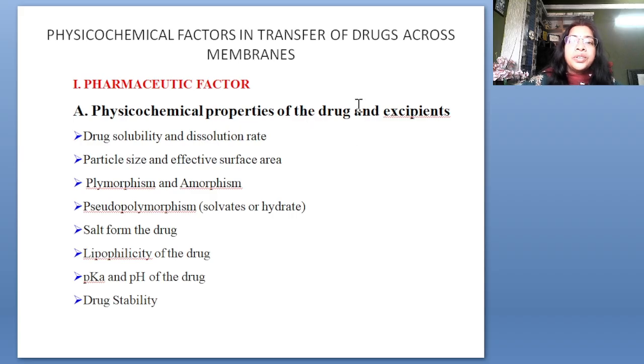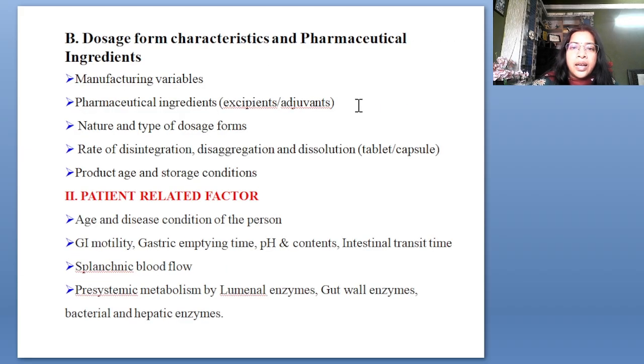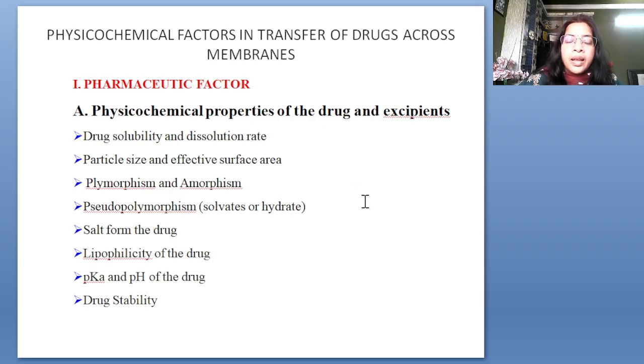Now we will study the different physicochemical factors of drugs which are responsible for absorption of drugs across the cell membrane. We can classify these factors under basic heads. One is pharmaceutic factors, another is patient-related factors. In pharmaceutic factors, a very important factor is the physicochemical properties of the drug and excipients.